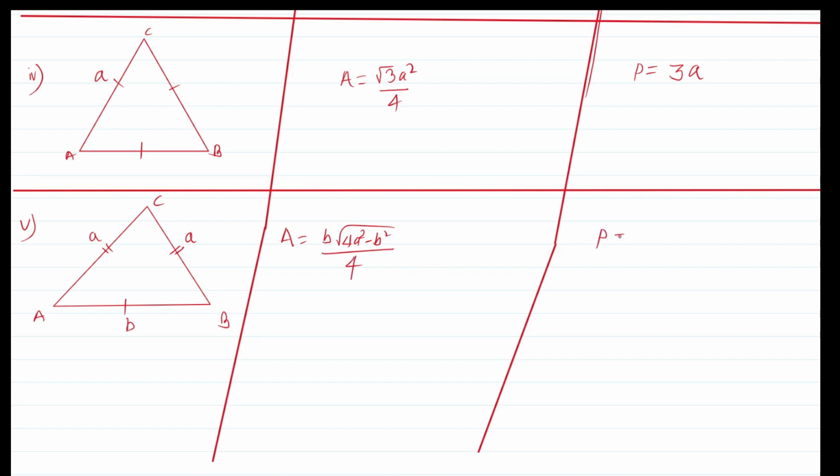And perimeter P is equal to the sum of all sides, 2A plus B.